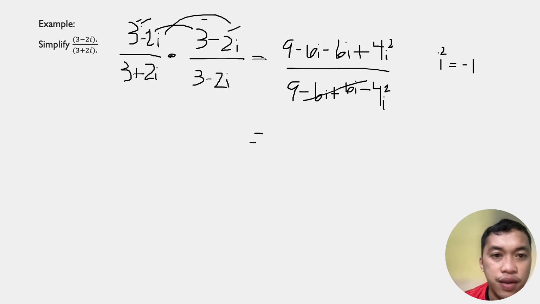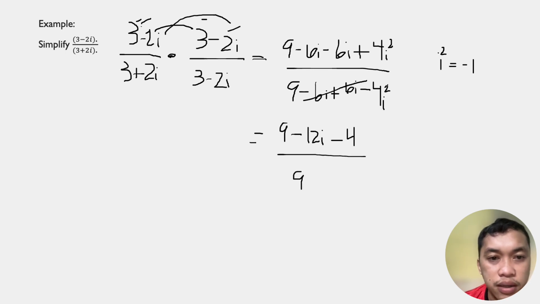We will have 9 minus 12i, and then 4 times negative 1 is just negative 4. On the denominator, we will have 9 minus 4. What is i squared? Negative 1. So negative 4 times negative 1 is positive 4.